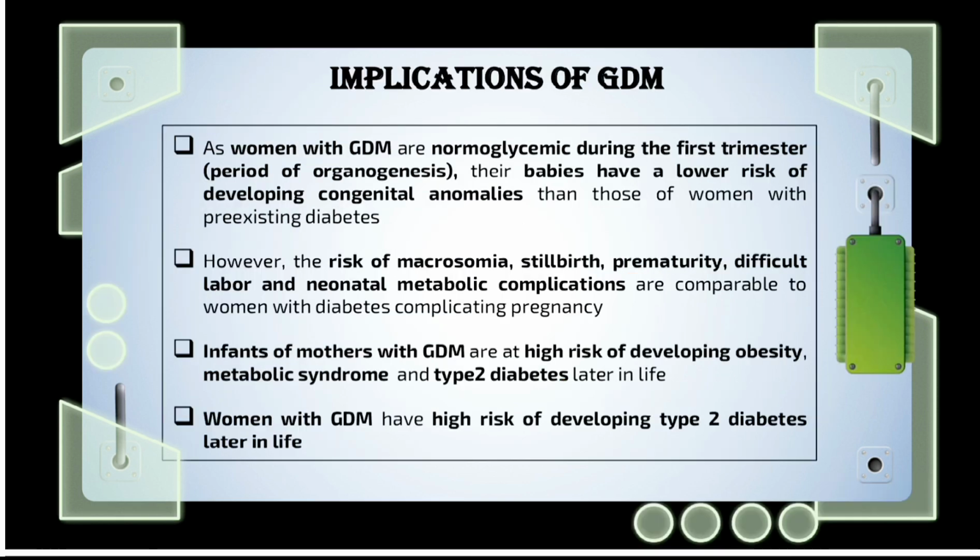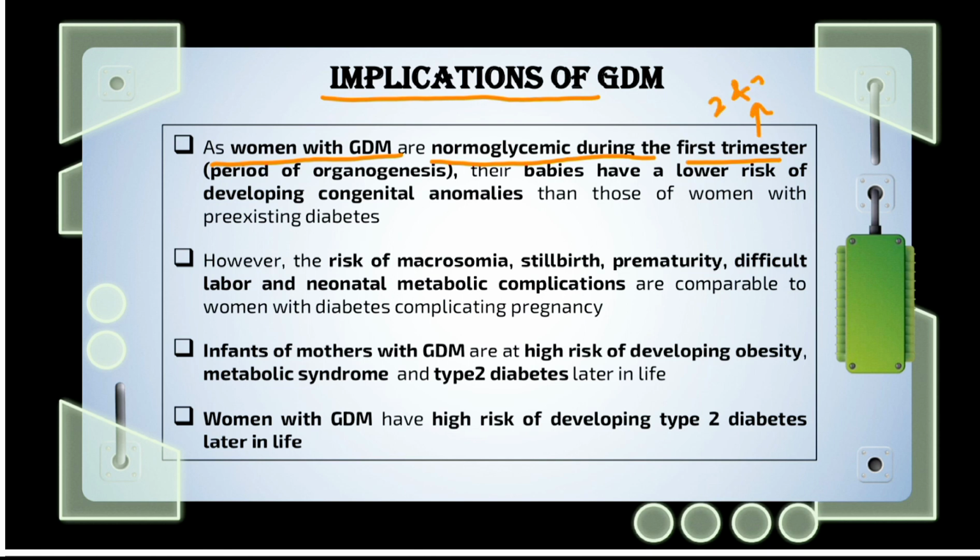Now let's discuss the implications of gestational diabetes mellitus among pregnant ladies, the infants and the fetus. Women with gestational diabetes mellitus are usually normoglycemic during the first trimester, as we have already discussed that gestational diabetes mellitus is very common during the second and third trimester as compared to the first trimester.